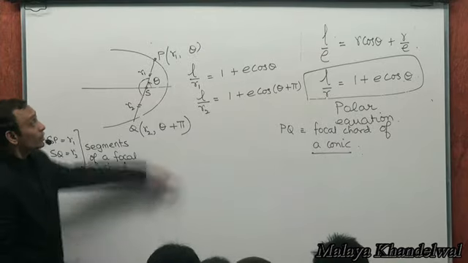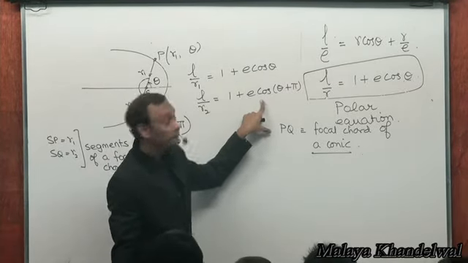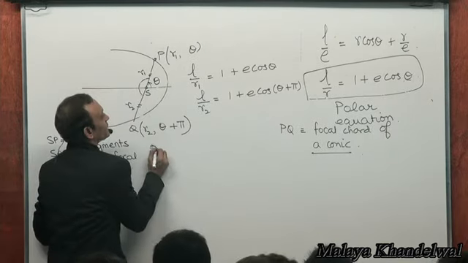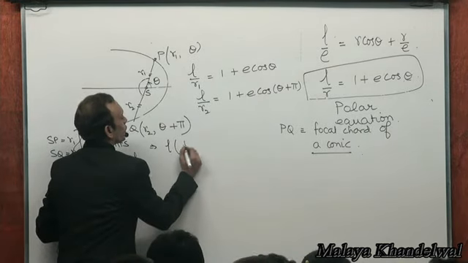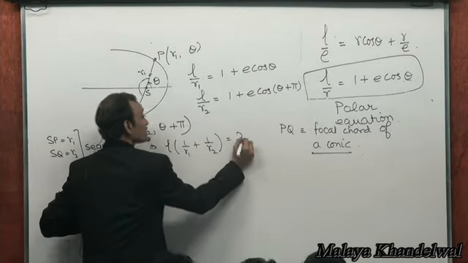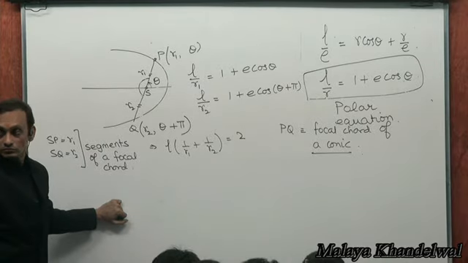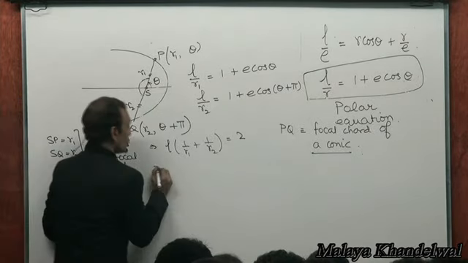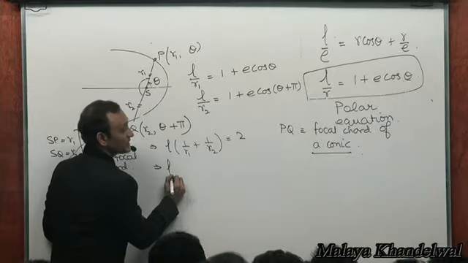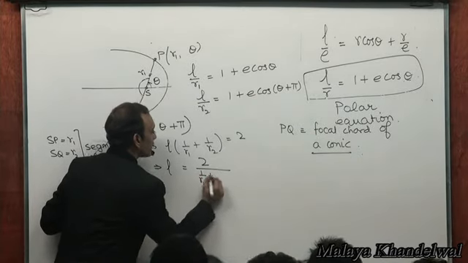Now let me add these two. This is e cos theta, this is minus e cos theta. So when I add these two equations, I get L into 1 by R1 plus 1 by R2 is 2, for all conic sections. This gives me L, the semi-latus rectum, as 2 by (1 by R1 plus 1 by R2).